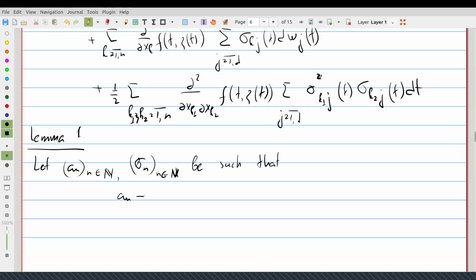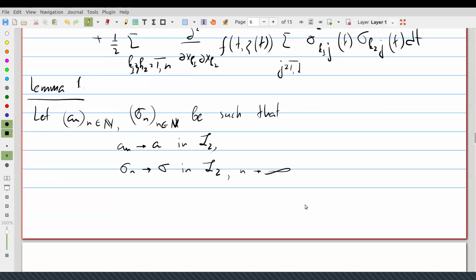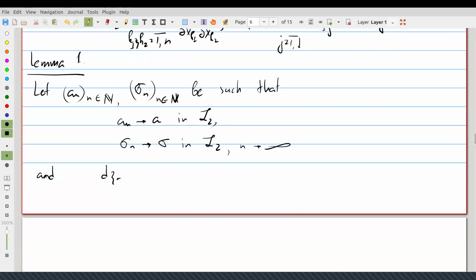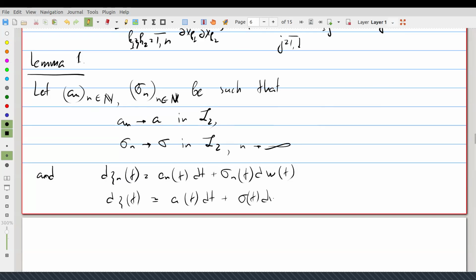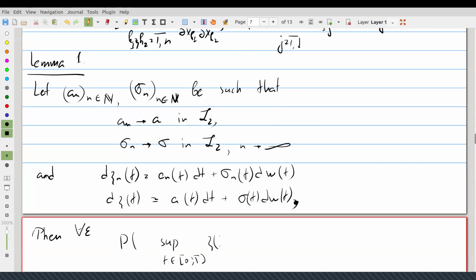It says that if we have convergence of coefficients for our stochastic differentials in L2, and we have the corresponding Ito processes, so this is psi n of t equal to a n of t dt plus sigma n of t dWt, and this is psi of t equal to a of t dt plus sigma of t dWt, then we have this form of convergence in probability uniformly over t: psi of t minus psi n of t goes to 0 as n goes to infinity.